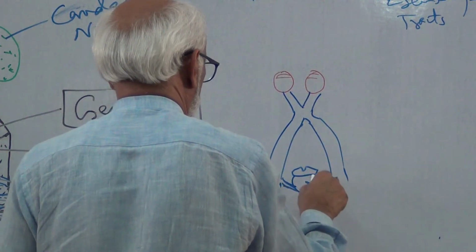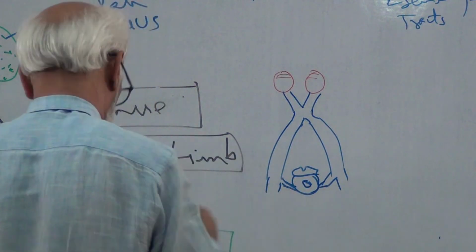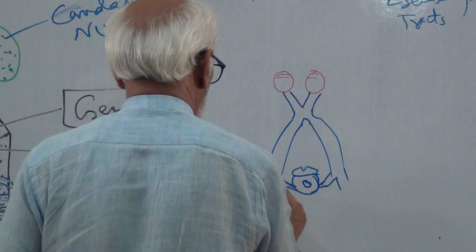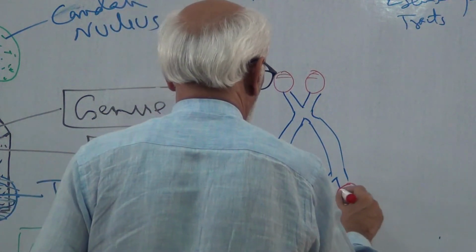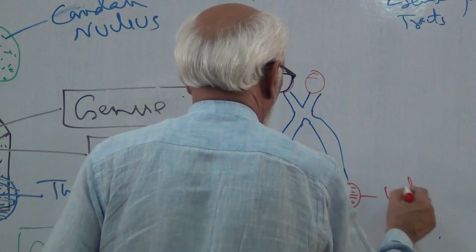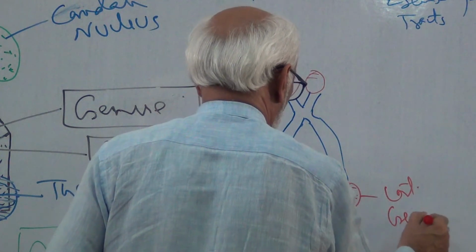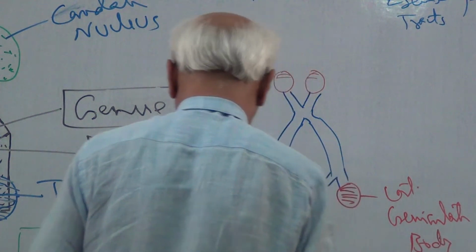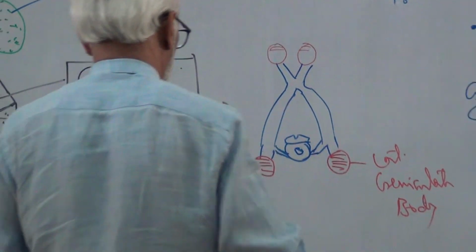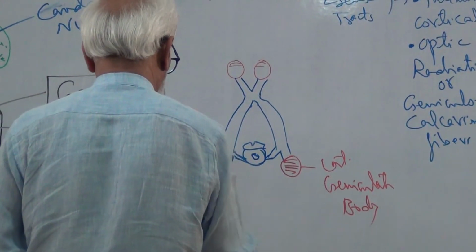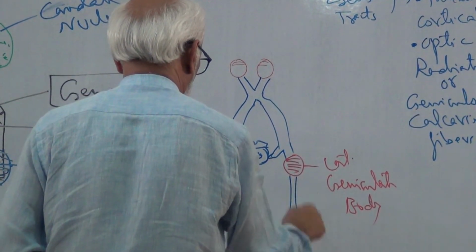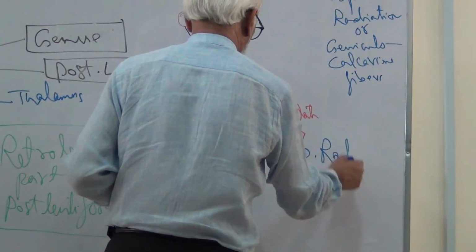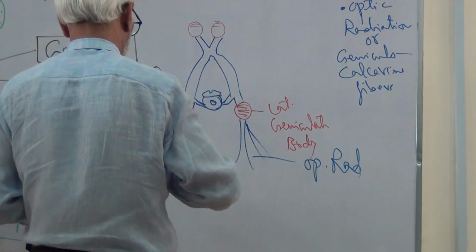The medial root enters the midbrain, and the lateral root relays in the lateral geniculate body. From the lateral geniculate body, the optic radiation arises, which terminates in the visual cortex.